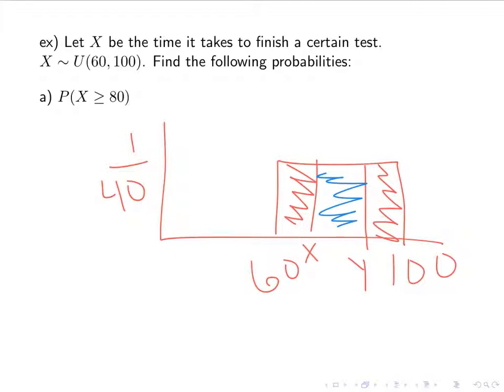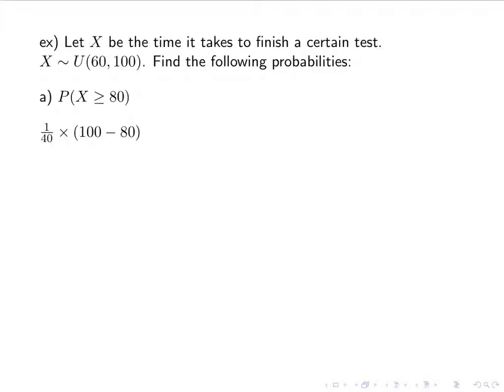So in our case, we want x greater than or equal to 80, so we are interested in this yellow area over here. So the width will be 100 minus the y, and the y in this case is the 80. So I have the height of 1/40th, the width or the length, whichever dimension you want to call it, the horizontal dimension is 100 minus 80. And if I do that out, I get 1/2.